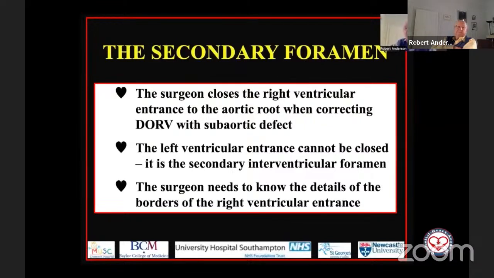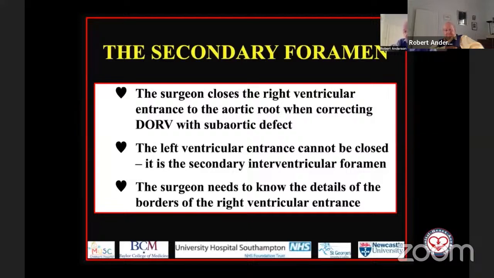So when you are presenting a patient who has double outlet right ventricle to the surgeon, you need to explain to the surgeon the borders of that right ventricular entrance to the arterial root. In most instances, the aortic root.